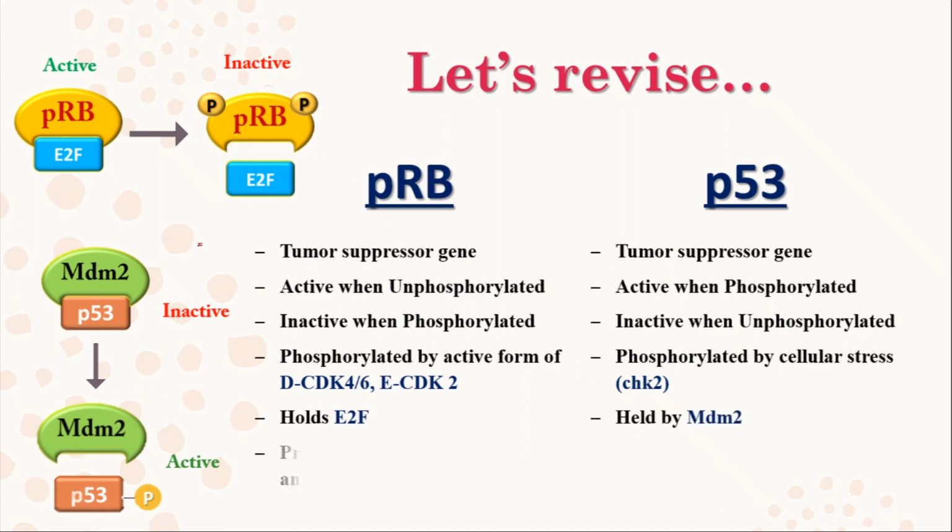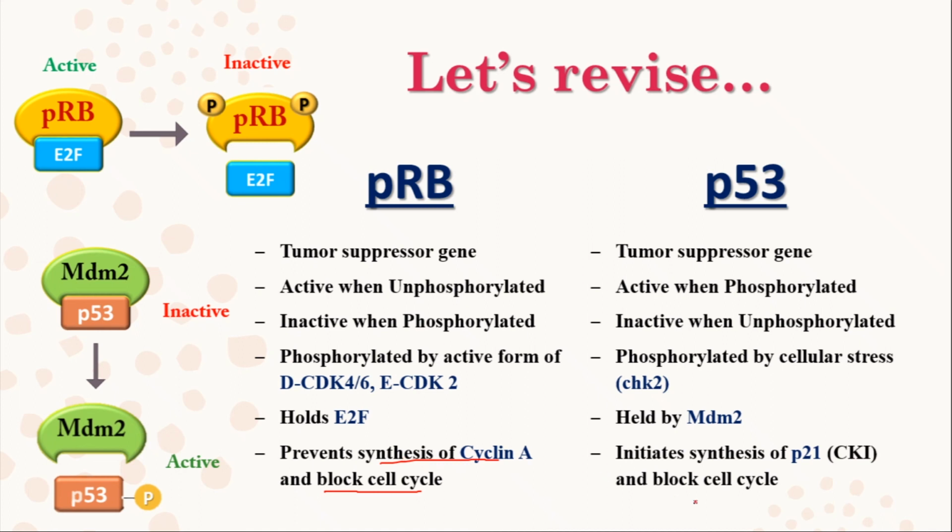Next, we understood that pRB is going to prevent the synthesis of cyclin A and block cell cycle. So the function of pRB is to block cell cycle by blocking the synthesis of cyclin A, whereas your P53, how does it block the cell cycle? It will initiate the synthesis of P21, which is a CKI, and that is going to inhibit your G1/S as well as your SCDK and block your cell cycle.